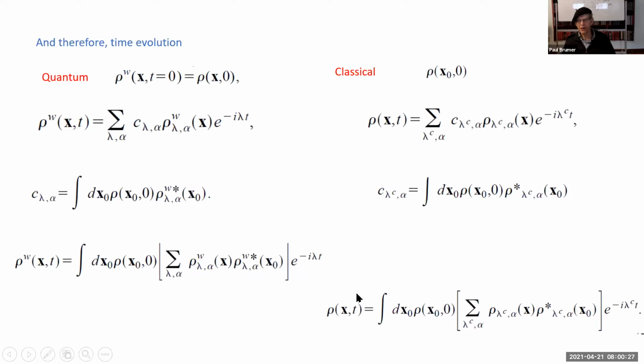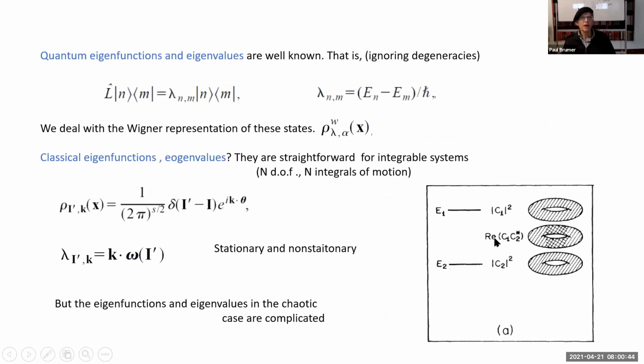And so the evolution becomes this linear combination on the bottom. It looks exactly the same as this, except of course the eigenfunctions and eigenvalues here are different from the eigenfunctions and eigenvalues here. So we all know what the eigenfunctions and eigenvalues are of the quantum Liouville problem.